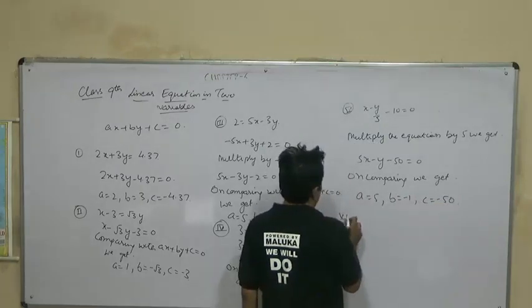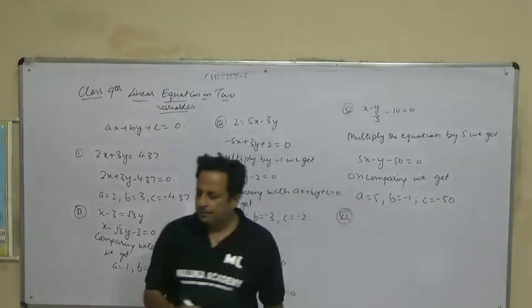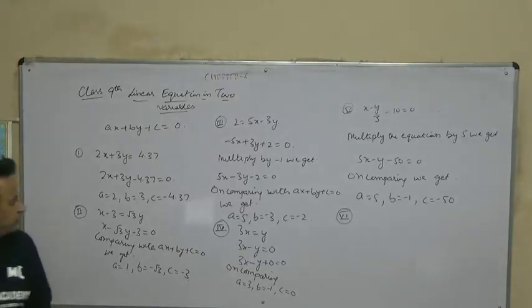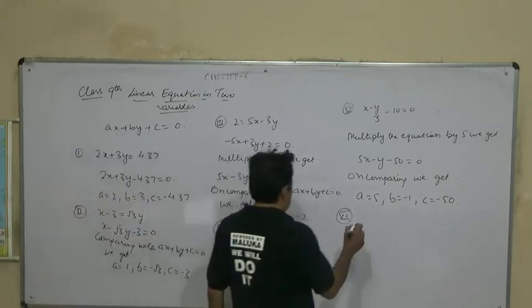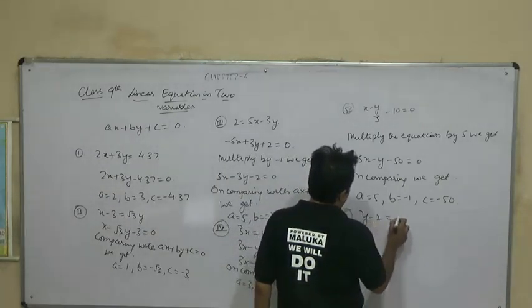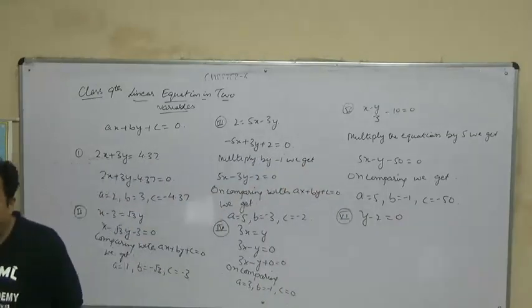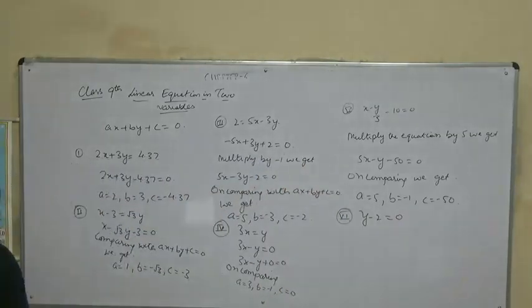Then the sixth part is y minus 2 is equal to 0. Here we see that there are only two terms. One is the term of y and another is the constant term. There is no term containing x. So we can generate that term by ourselves. How can we do this?